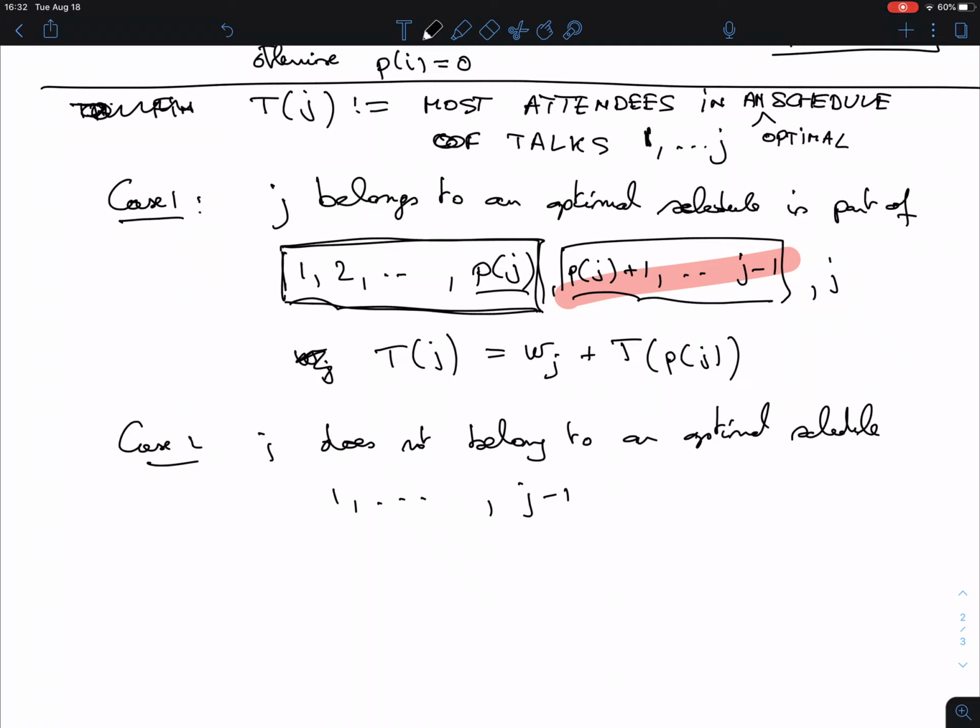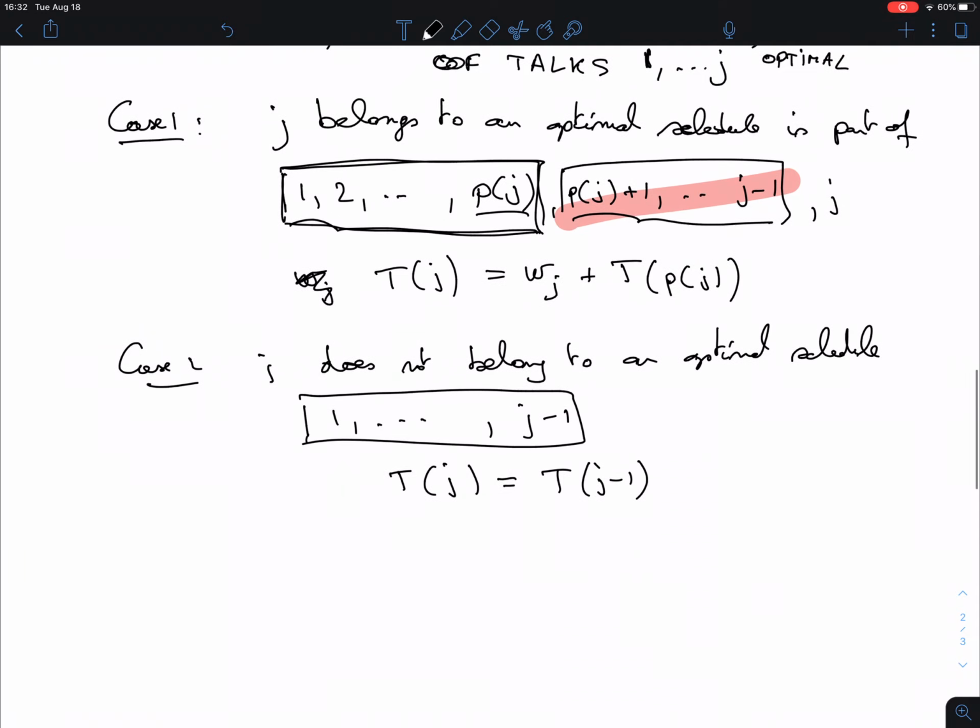The optimal schedule that I can find within this is going to be the same as the one if I add j, because j is never going to be part of it. If I add j to this list, the one that I just boxed, I'm not going to get any better solution. So if the optimal solution must already lie in the boxed part, that means t of j is going to be also t of j minus 1. The best number comes from these other talks, not from j itself, because j is not part of an optimal schedule.